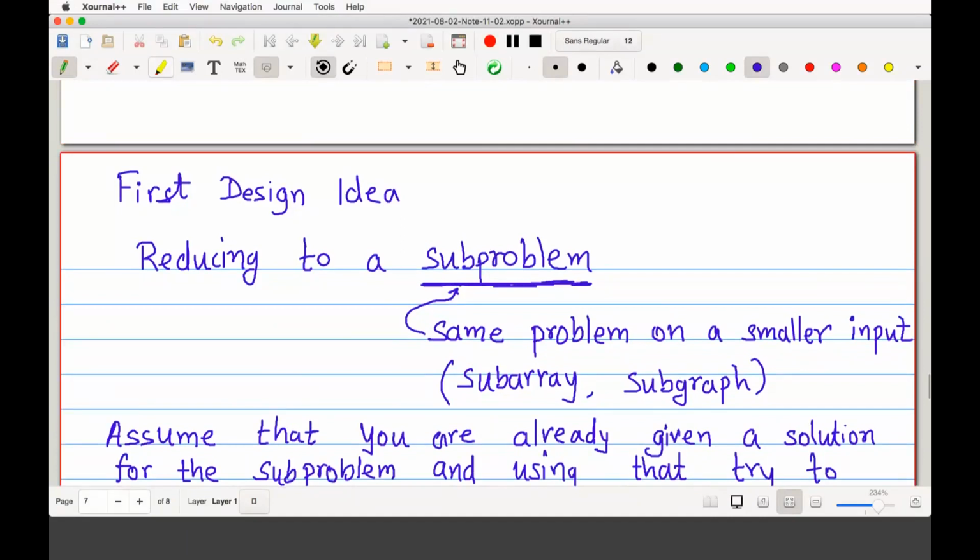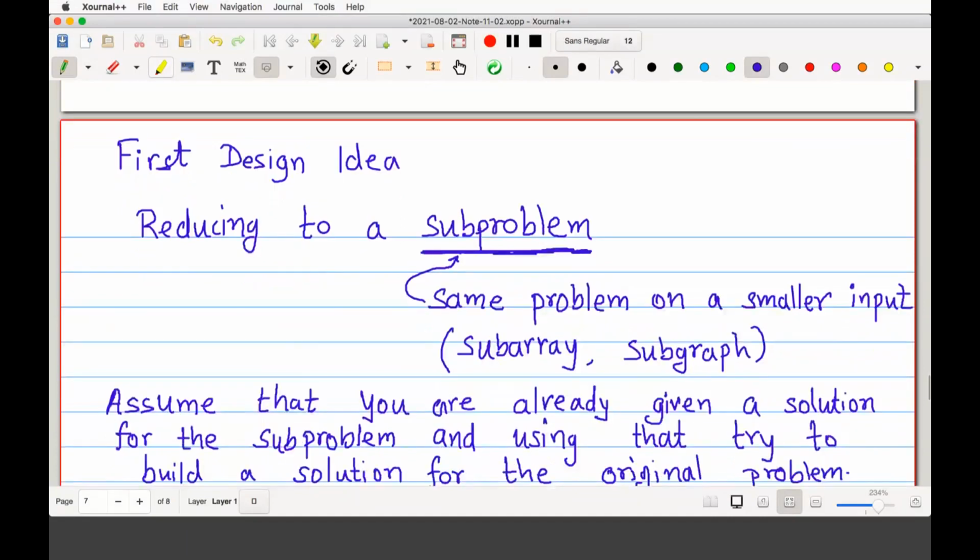So basically, first of all, what is a subproblem? A subproblem is the same problem on a smaller input, right? So what do I mean by a smaller input? If your input is an array, then the smaller input could be a subarray. If your input is an array of size n, then by smaller input I just mean maybe an array of size n minus 1, or size n minus 2, or even size n by 2.